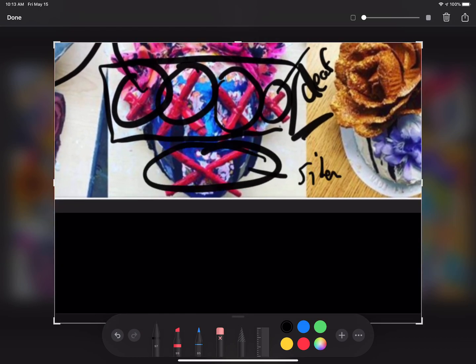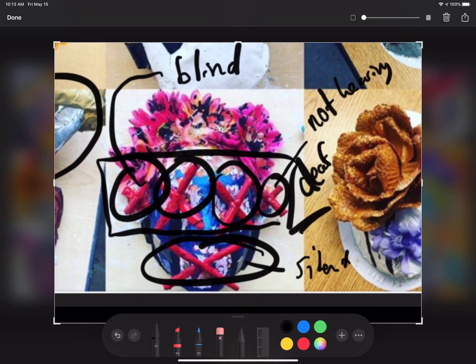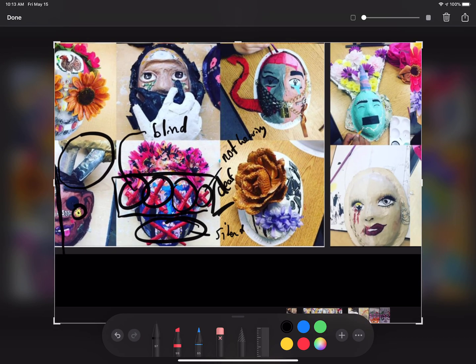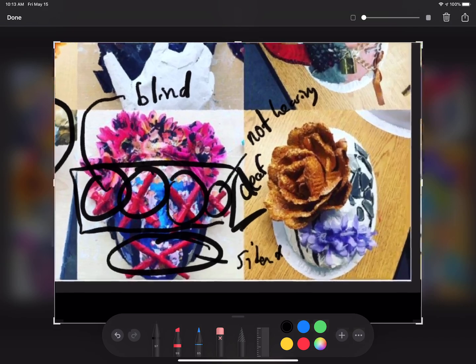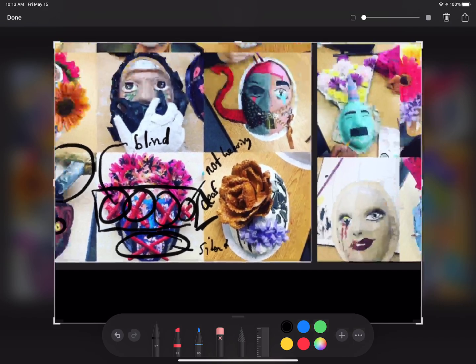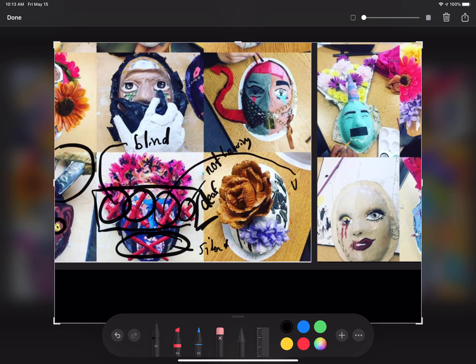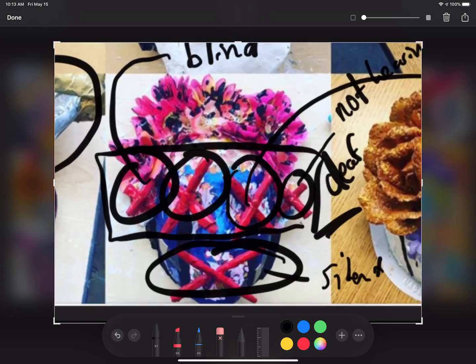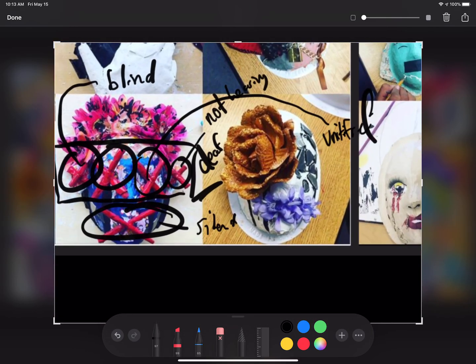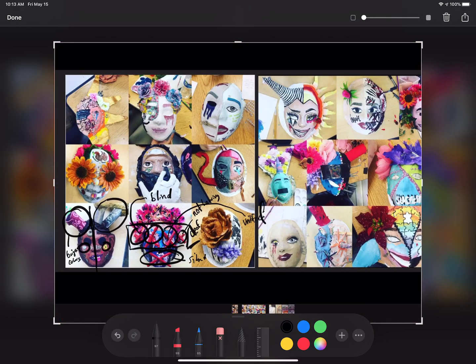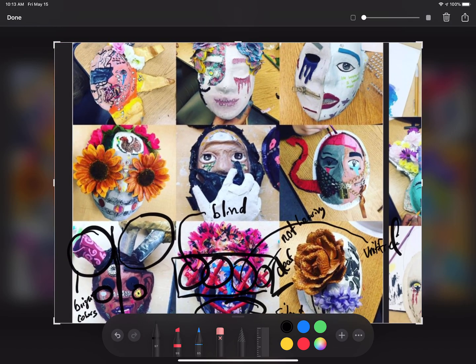Being silent, right? And this is just such a glorious mask too, because the repetition of the red X's creates unity, right? So this is very unified. It all works together because it's repeating. We have a red X, we have a red X, we have a red X, that brings the entire piece kind of together.